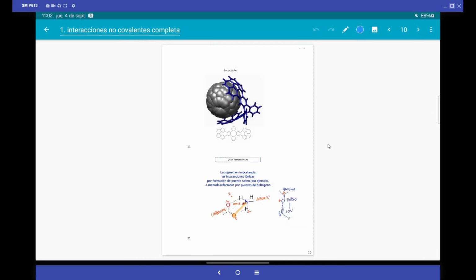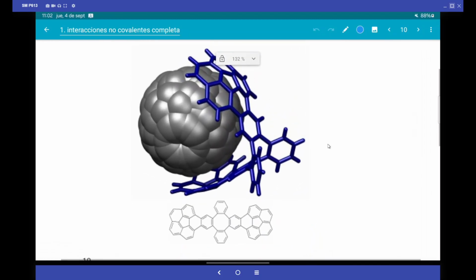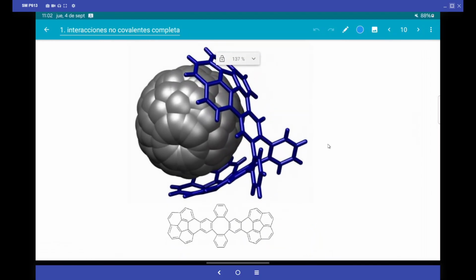Here we have another example that no longer has anything to do with genetic material, totally new. What can you tell me about this type of structure, formed by carbon atoms? This is a fullerene. A fullerene is a molecule formed only by carbon.